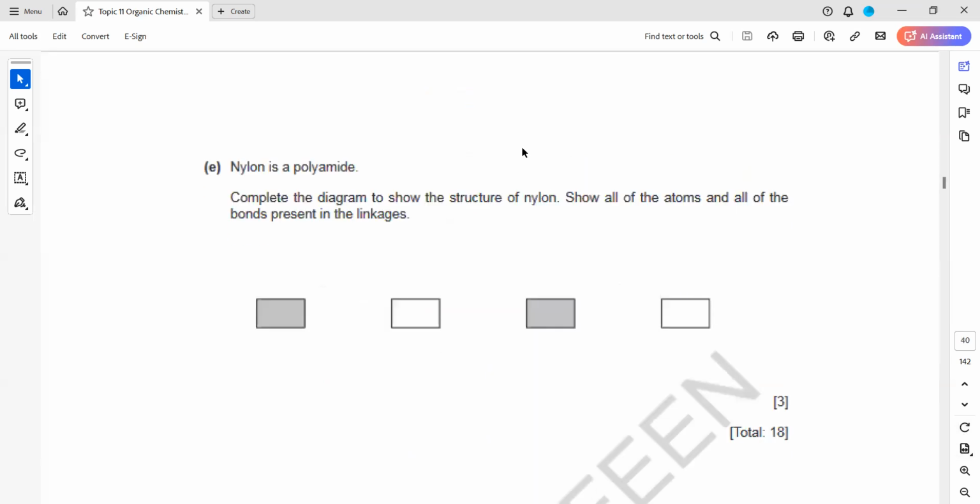Nylon is a polyamide, meaning a polymer of amides. Complete the diagram. Look, for example, how this structure can be nylon, and they may ask for protein as well. But how will we know? If it was a protein, then one side will have amine, the other side will have acid, C double bonded with O. One side amine, other side acid.